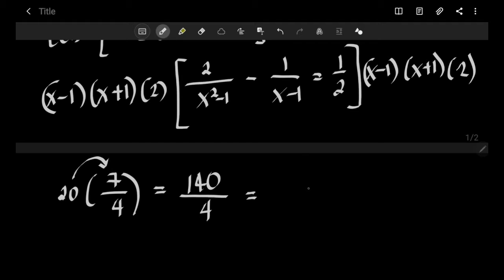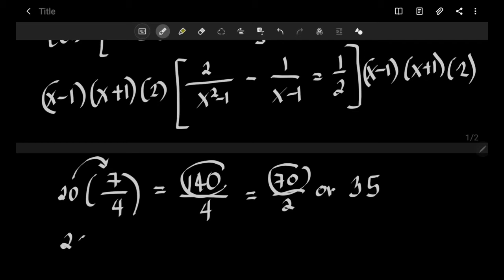140 divided by 4, that is 70 all over 2 or 35. Okay. Now, this time, para hindi na humaba or mas lumaki yung ating mga numerators at saka lang natin siya paliliitin, ang gawin natin is we have 20 multiplied by 7 all over 4.